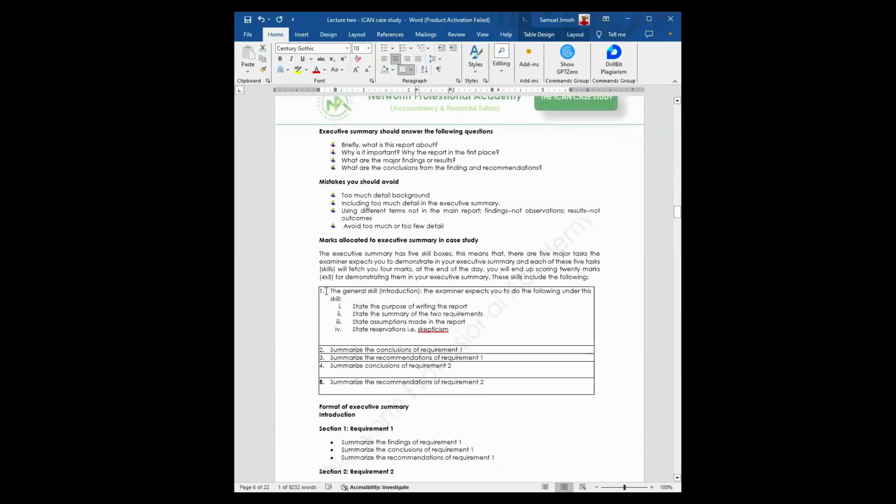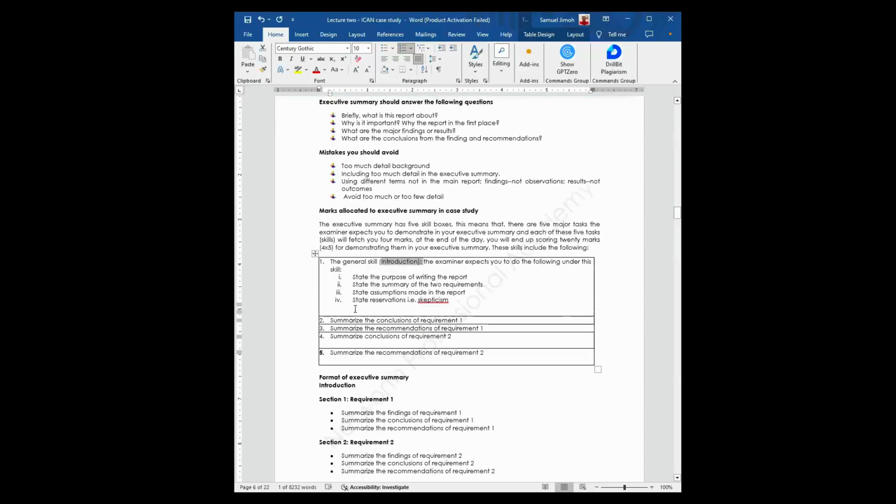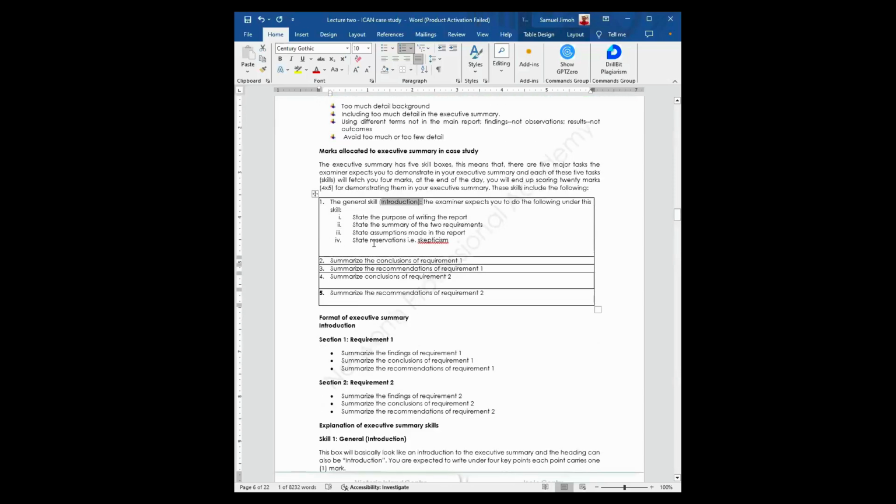Now, the first one here is what we call the general skill. Oftentimes, the general skill will look more like an introduction. It's basically an introduction in the executive summary, because under that general skill or introduction, there are 4 things that you are expected to do.